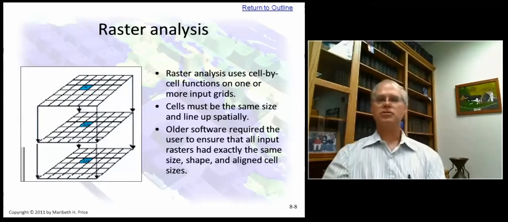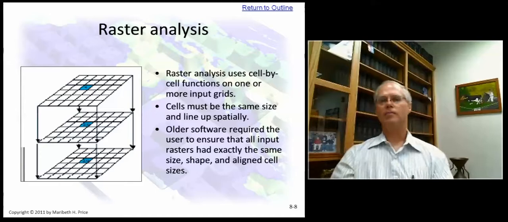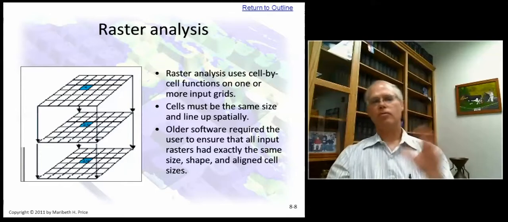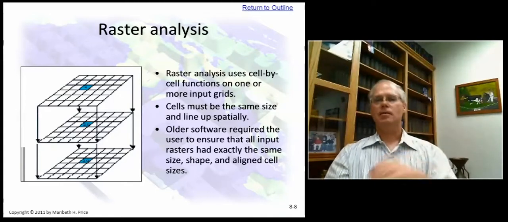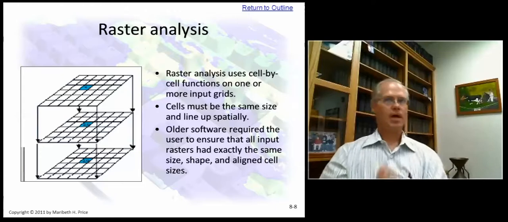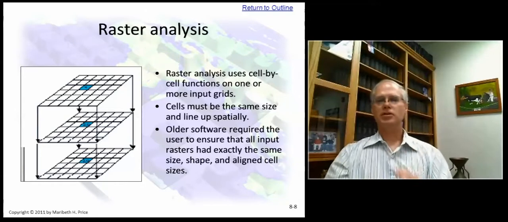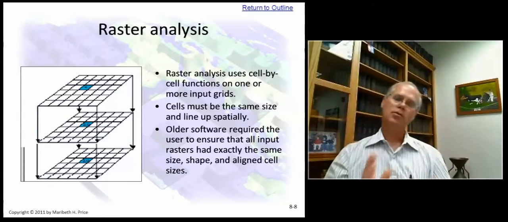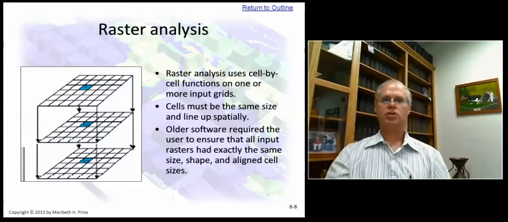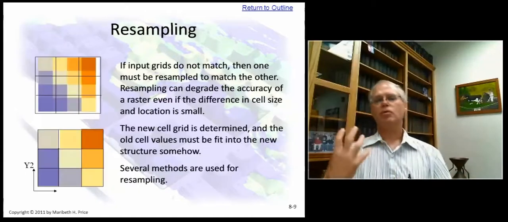Raster analysis uses the cell-by-cell functions in one or more input grids. When we're throwing these grids together, they really need to be the same. With older software, not ArcGIS, you have to ensure that they're exactly the same when you bring them together. Newer software is automatically going to do some adjusting. That's what we call resampling.